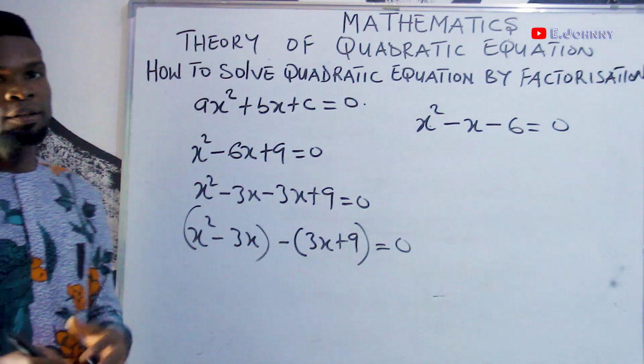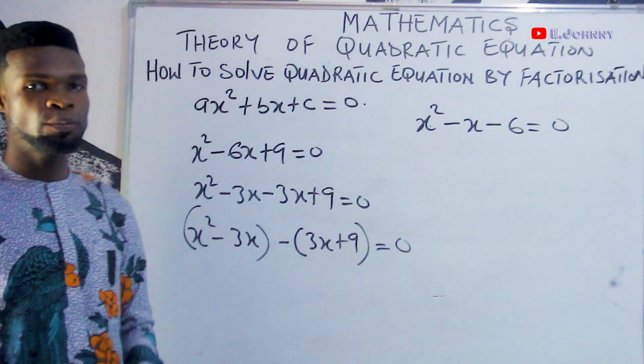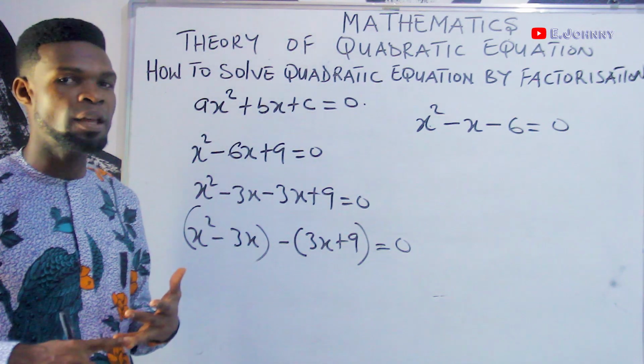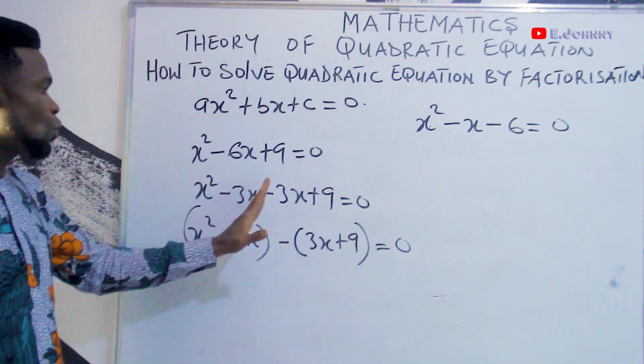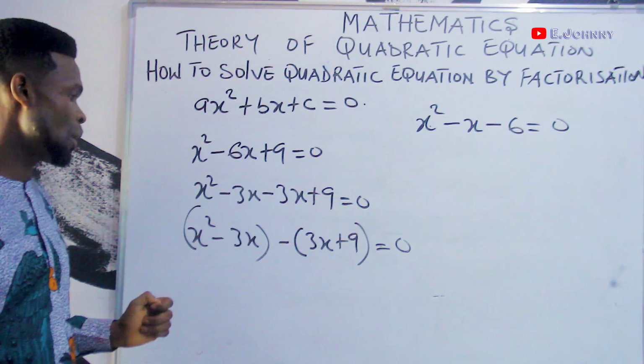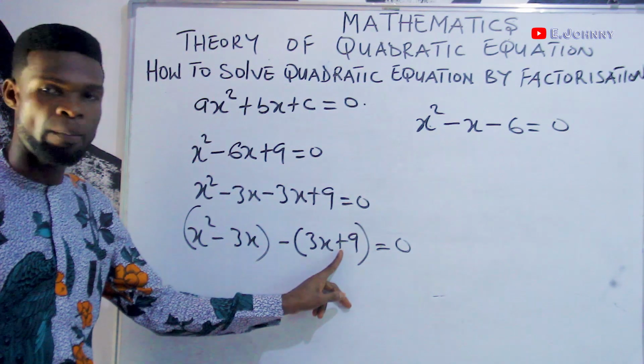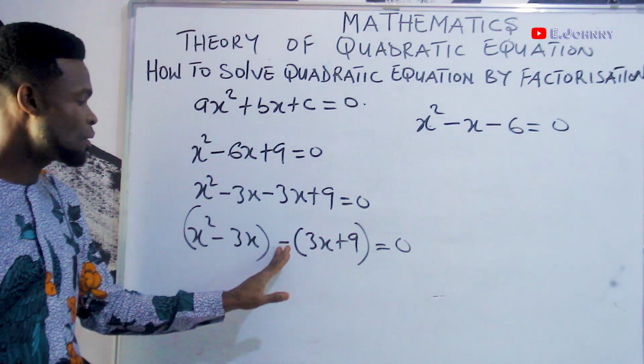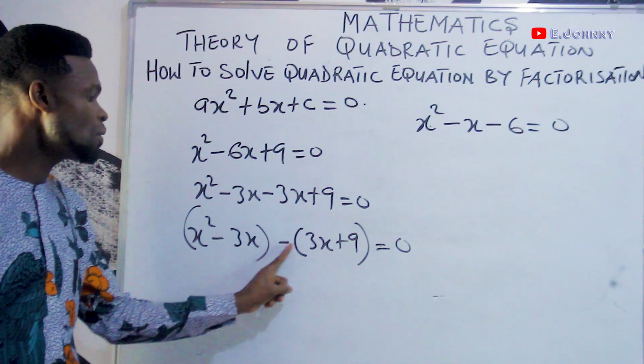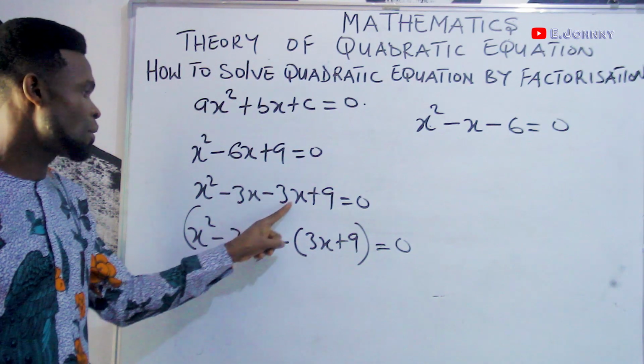Now remember this, that the bracket must always be the same in terms of numbers and signs. So having grouped it into twos, you will agree with me that if the first bracket is minus, this one will also be minus. How? Now let's use this sign to open this bracket. Minus times 3x is minus 3x.